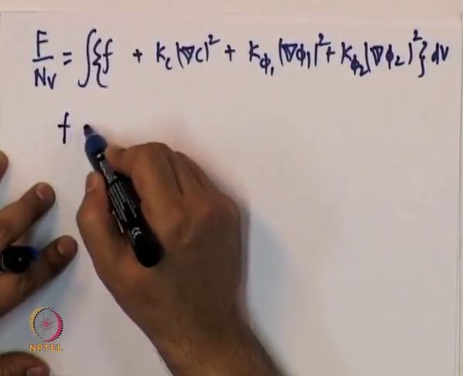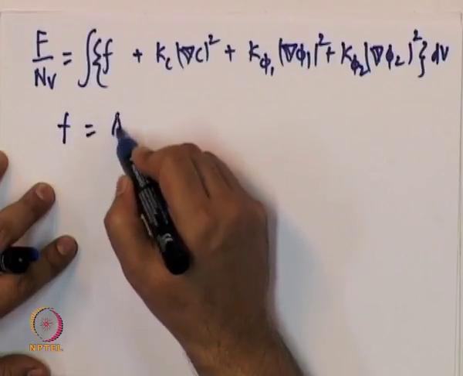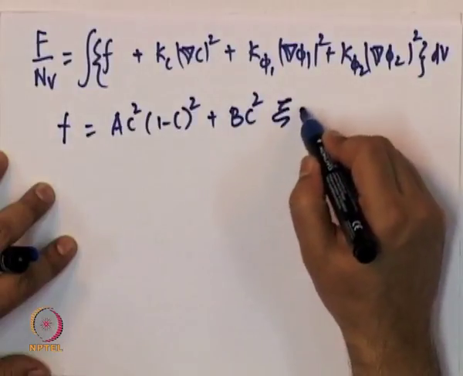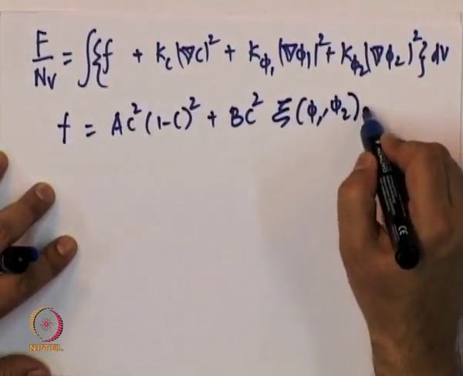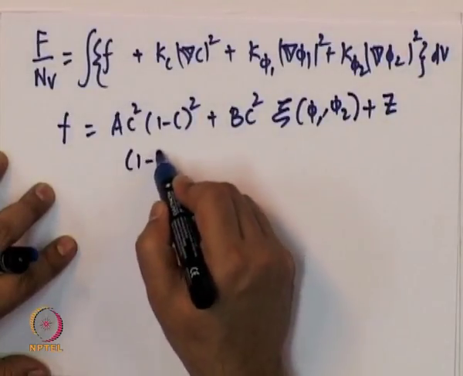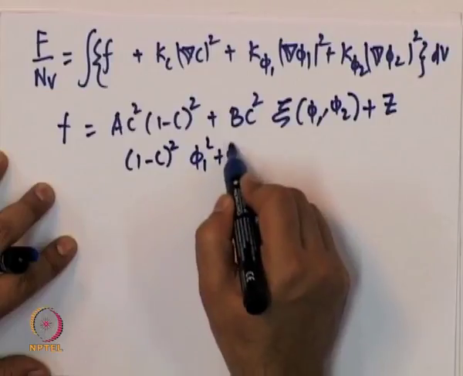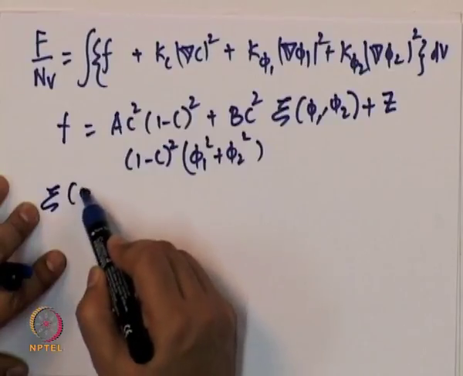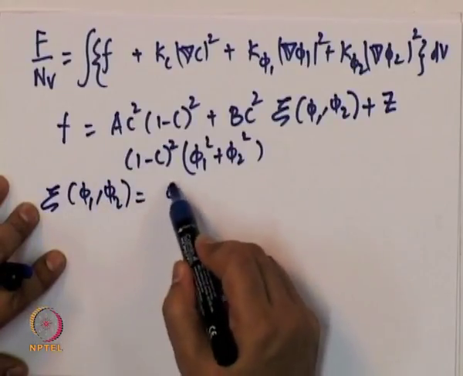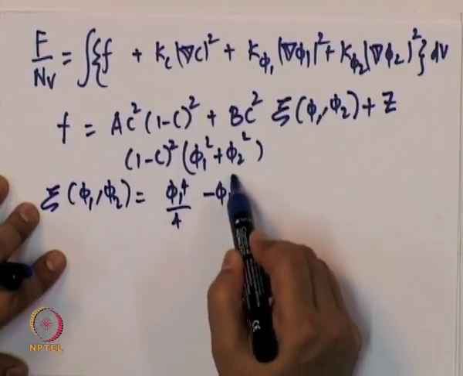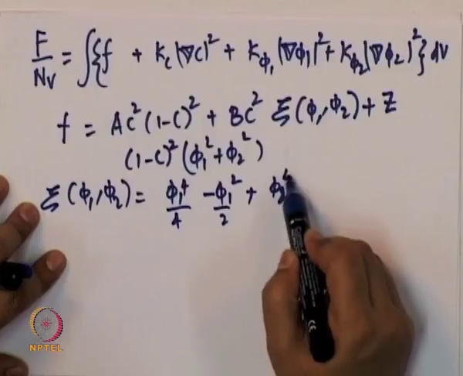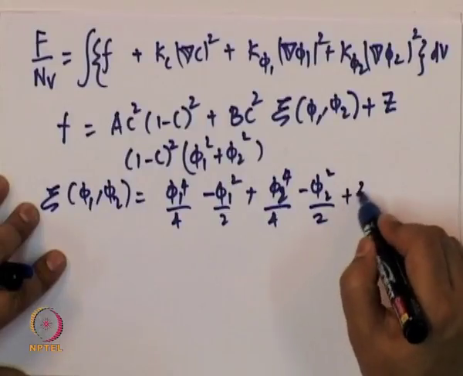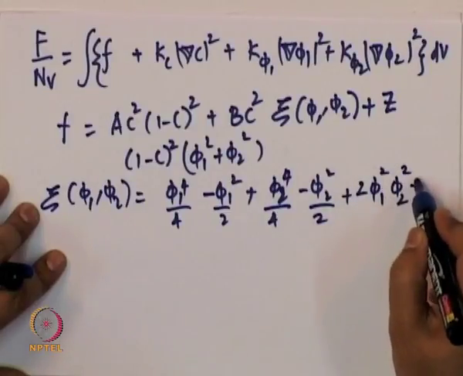This F is nothing but A C squared (1 minus C) whole squared plus B C squared times some function of phi 1 phi 2 plus Z (1 minus C) whole squared times (phi 1 squared plus phi 2 squared), where this function has phi 1 power 4 by 4 minus phi 1 squared by 2 plus phi 2 power 4 by 4 minus phi 2 squared by 2 plus 2 phi 1 squared phi 2 squared plus 0.25.